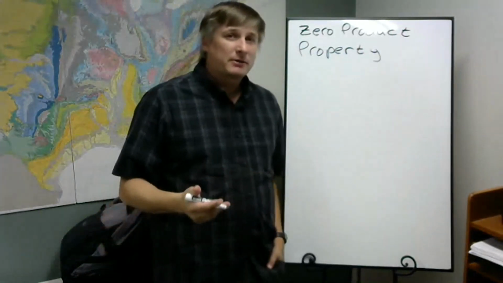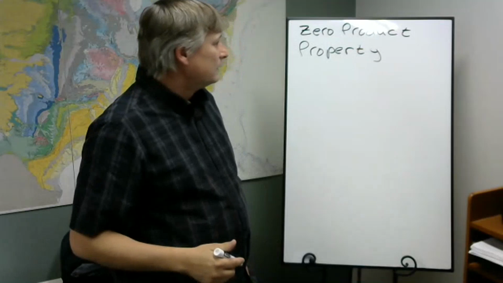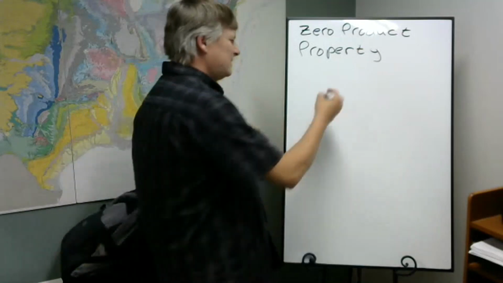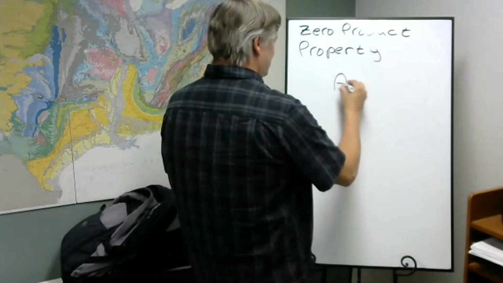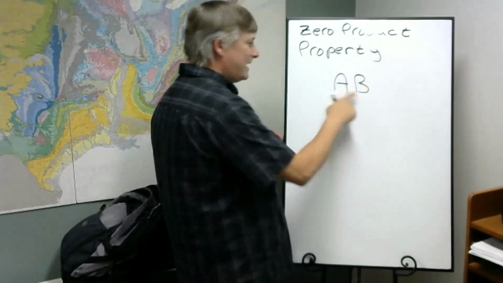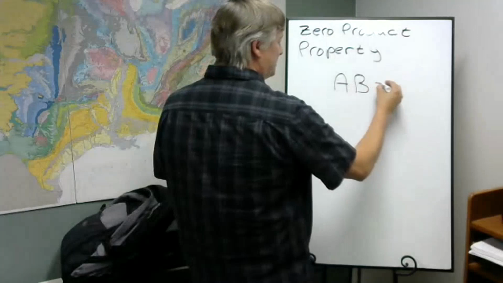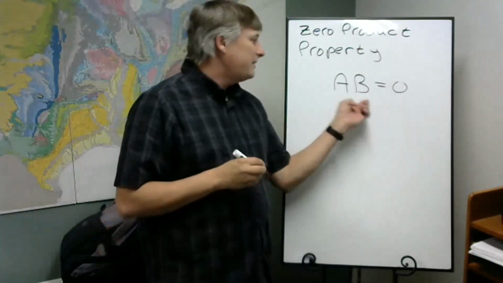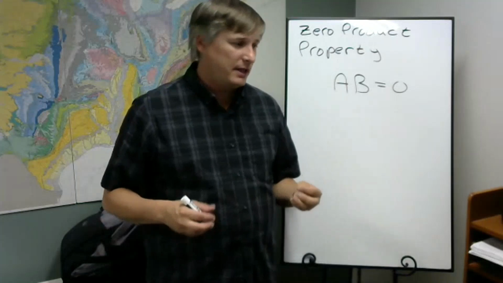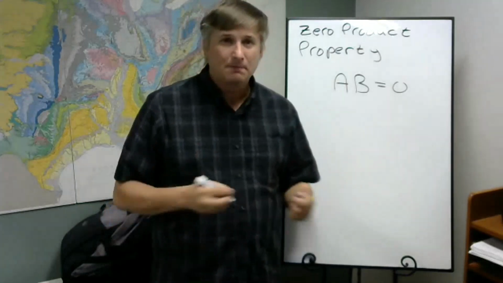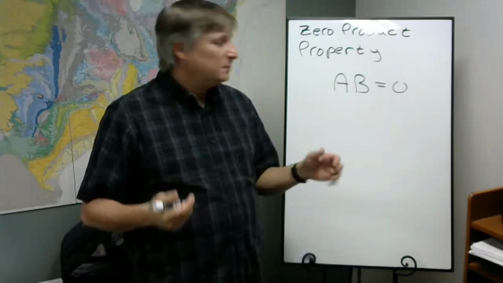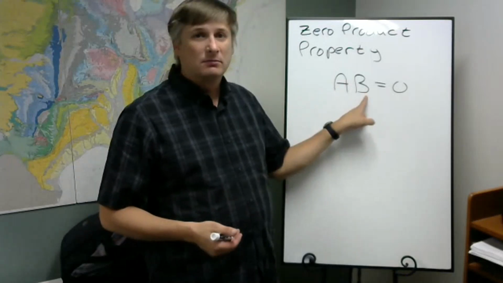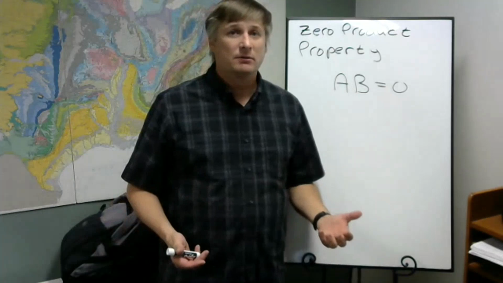Now, the way the zero product property works is this. Let's say we have 2 things, let's say A and B. So let's multiply them together, take a product of them. So this is A times B. And let's suppose this product is equal to 0. Now, this is only going to be equal to 0 if A is 0, or if B is 0, because anything times 0 is 0.